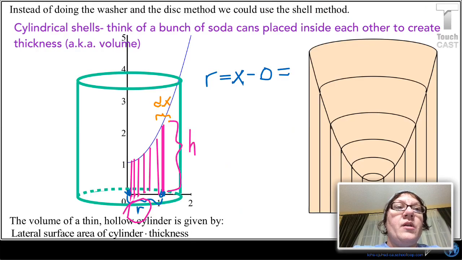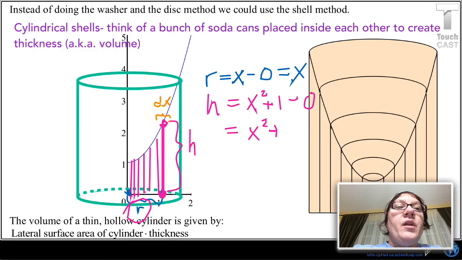So my radius is just x. For the height, I would do top minus bottom. The top is my original equation, x squared plus 1, and the bottom is just 0, so my height is x squared plus 1. And the thickness of these shells is just my dx.